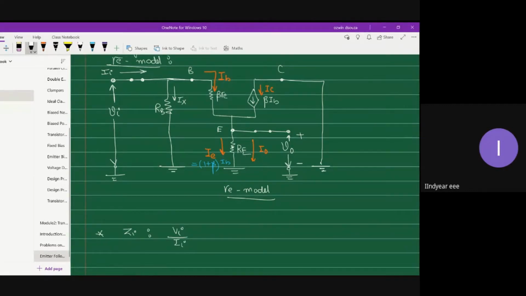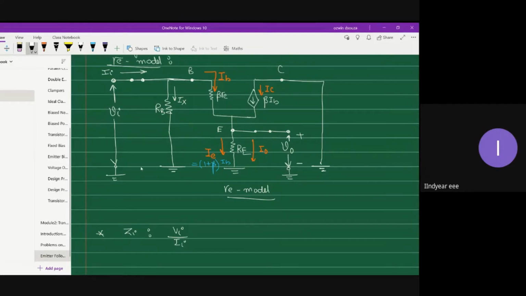So you cannot simply say that across base and ground, you have a parallel combination of RB with a series connection of beta RE and RE, unless you adjust your circuit analysis in such a way that through beta RE and RE, the same current flows. That's the reason beforehand only, I have replaced my emitter current IE with 1 plus beta times IB.